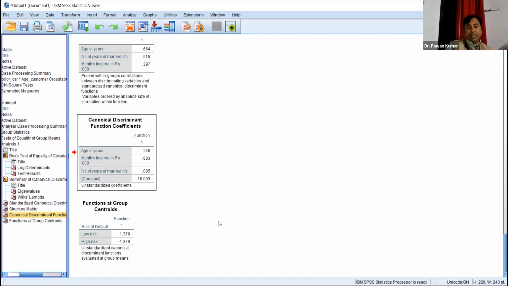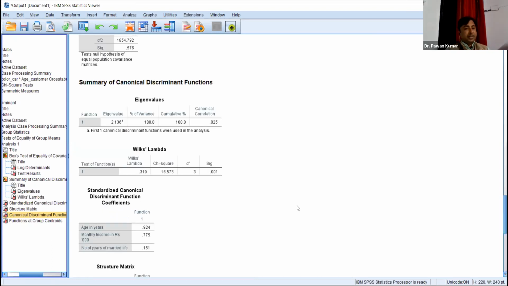So basically discriminant function is a classification, and you can call it a prediction method, where based on the metric data, you are going to classify the dependent variable, which is the categorical data.